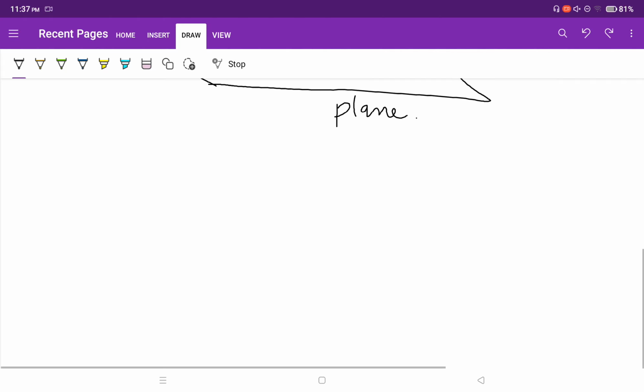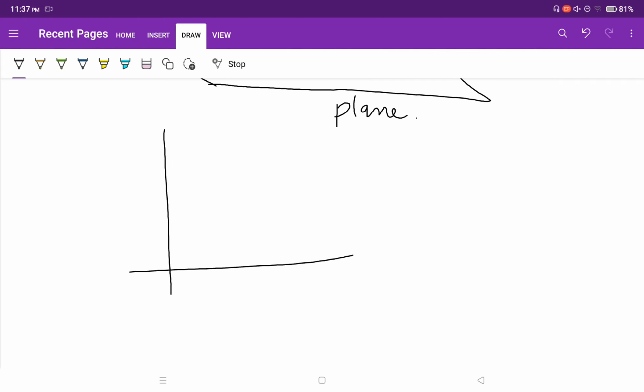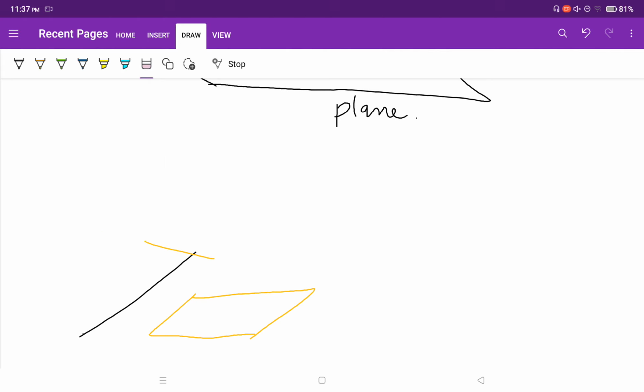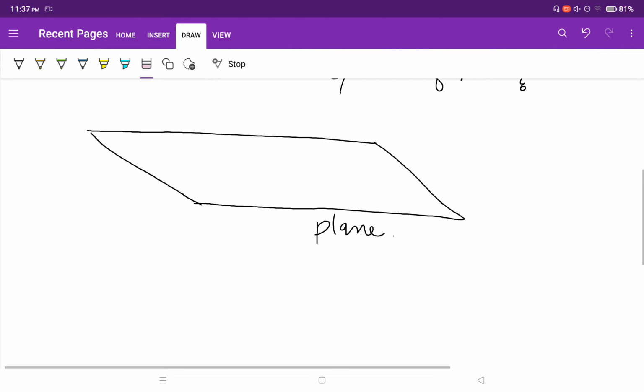If we draw it, this plane can be here like this. So before writing the equation of a plane, we need to fix this plane in space.